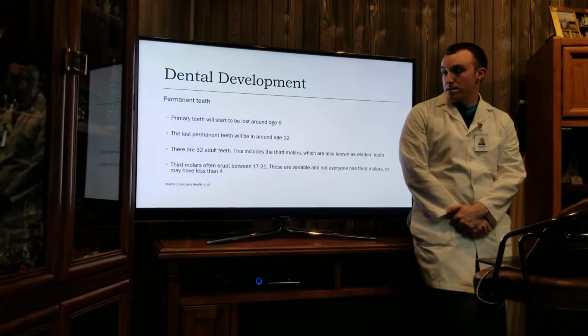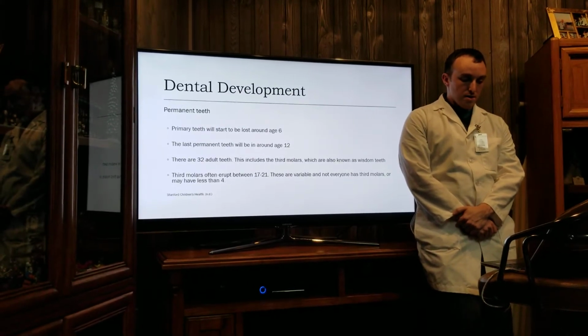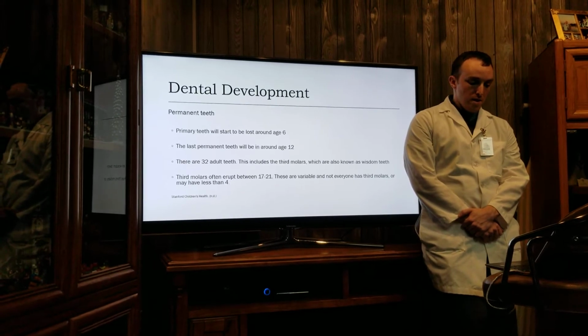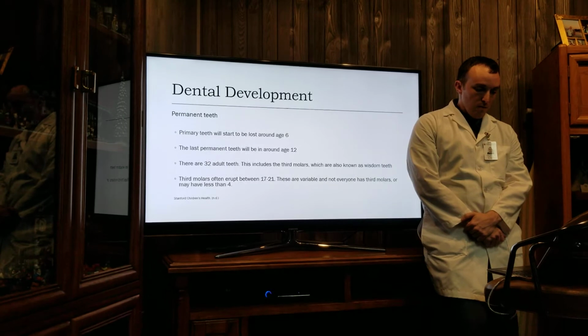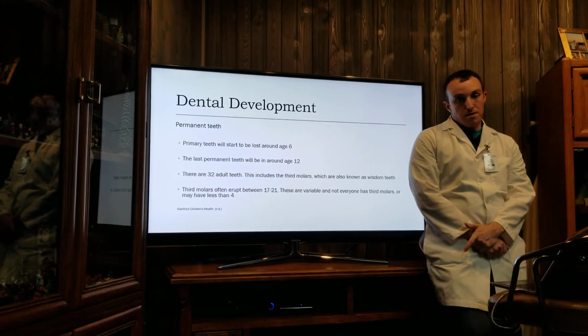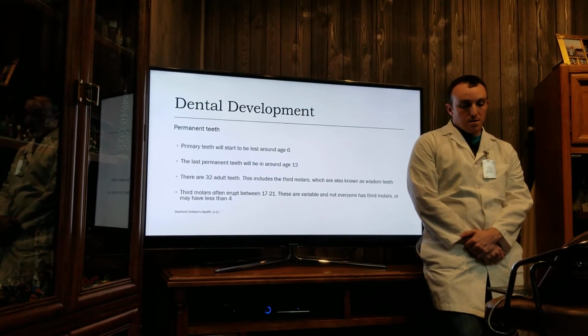So your primary teeth start to be lost around age 6, and the last permanent teeth will come in around age 12. There are 32 adult teeth. This includes the third molars, which are also known as wisdom teeth.